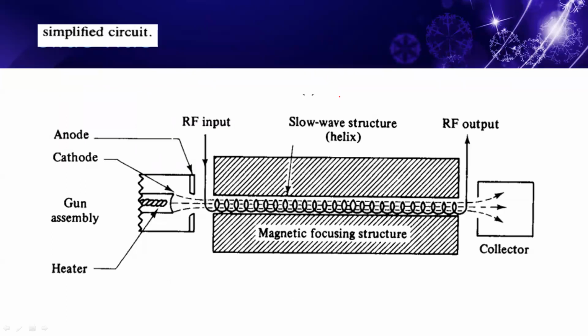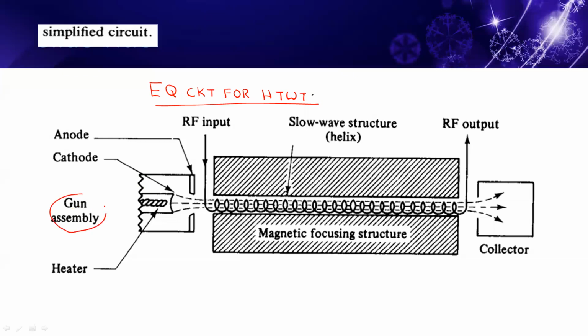And this is the simplified version, the simplified circuit for the helix traveling wave tube. Simply called the equivalent circuit for the helix traveling wave tube. The entire thing is the same here.